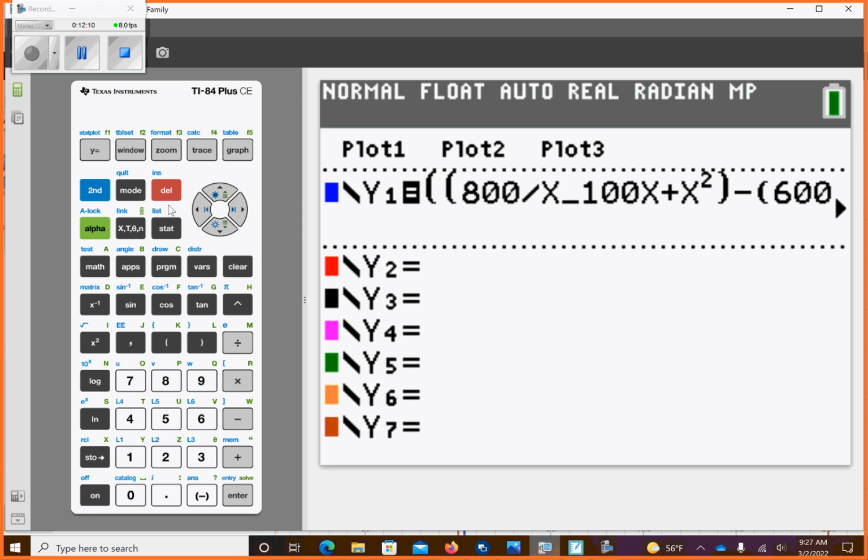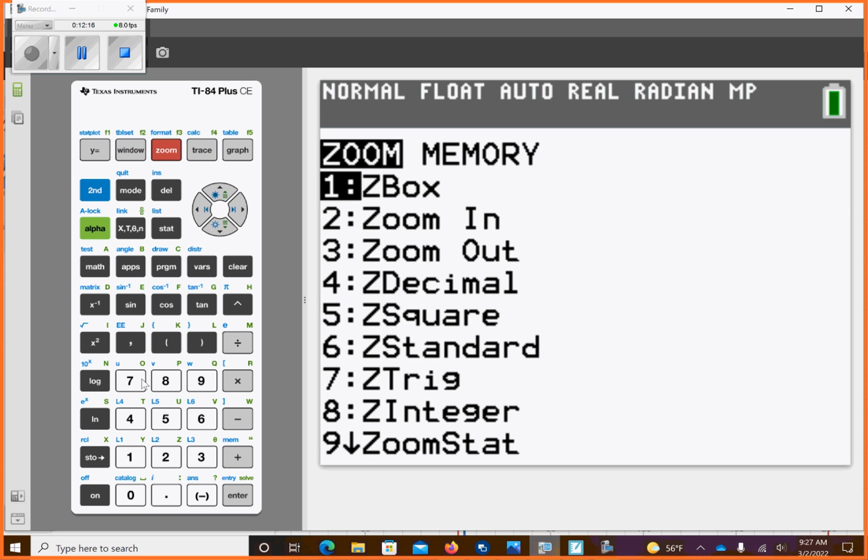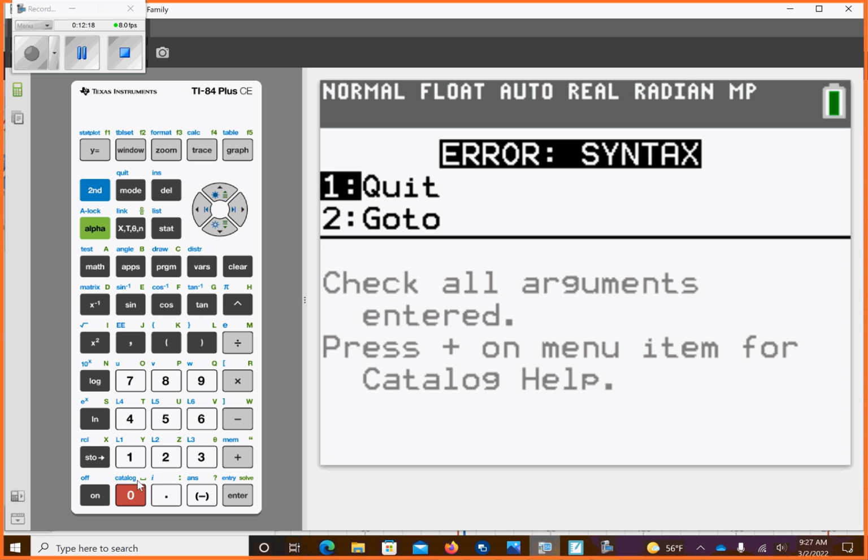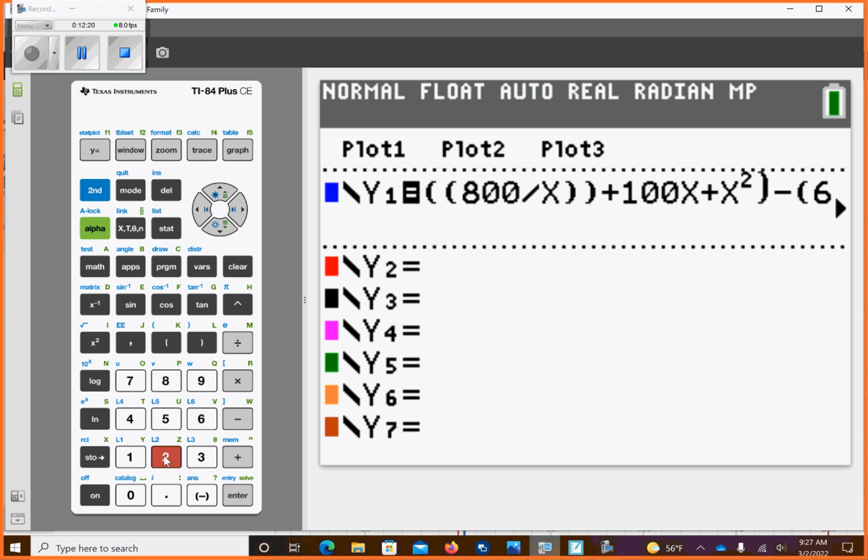Second, insert parenthesis. That should work. Zoom 0. I just want to see what? Come on. Delete that.